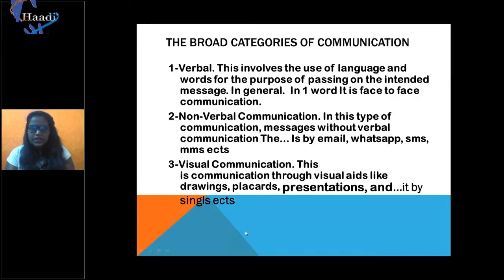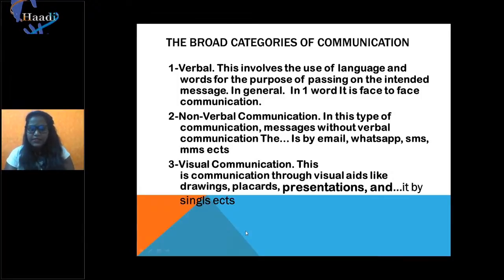In general, it is face-to-face communication, so we communicate with a person face-to-face. Non-verbal communication is a form of messages without verbal communication. We send mails, WhatsApp, SMS, etc.